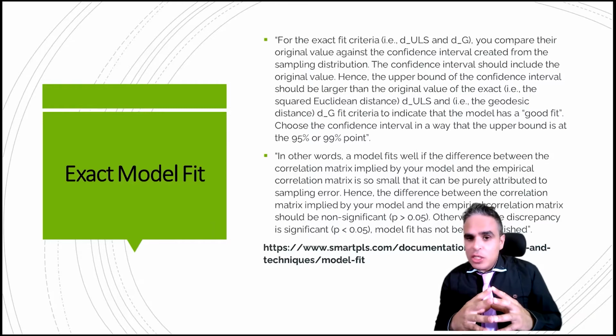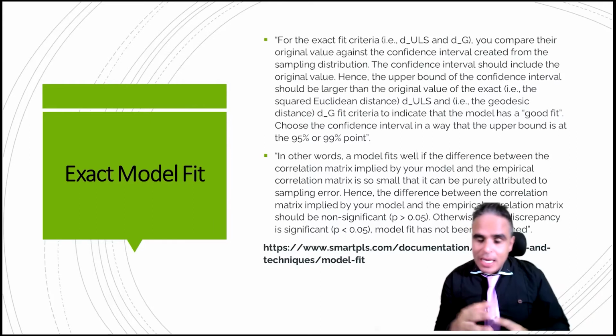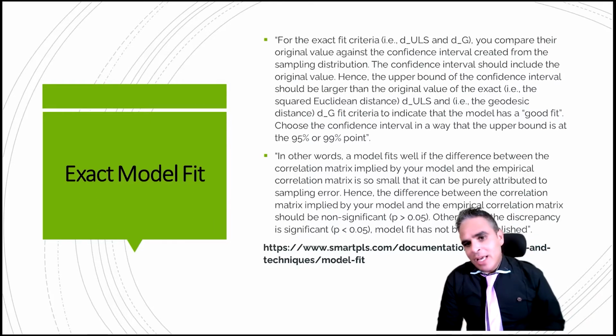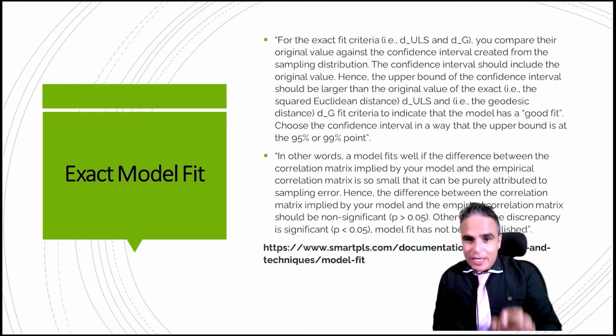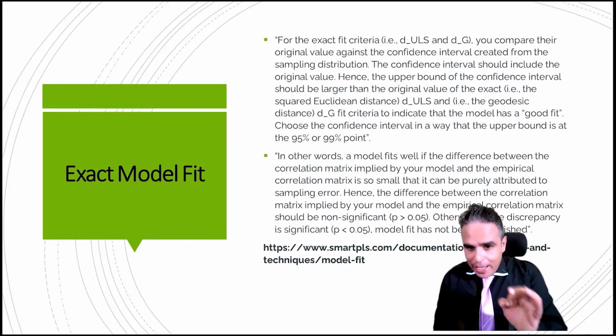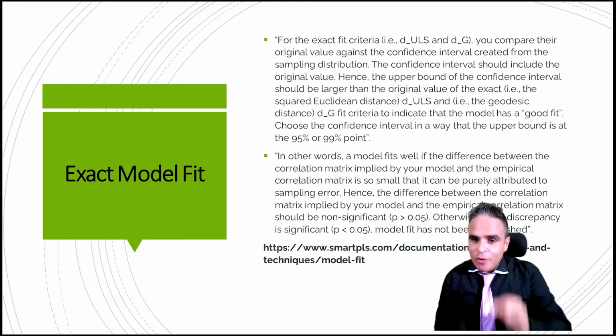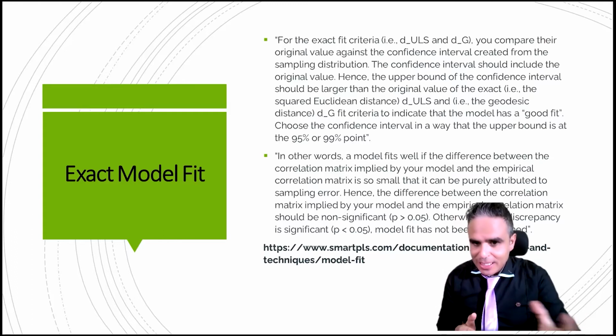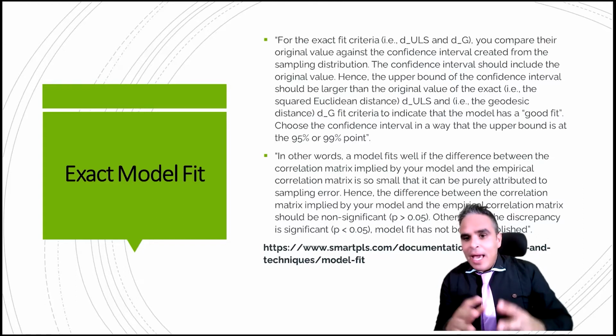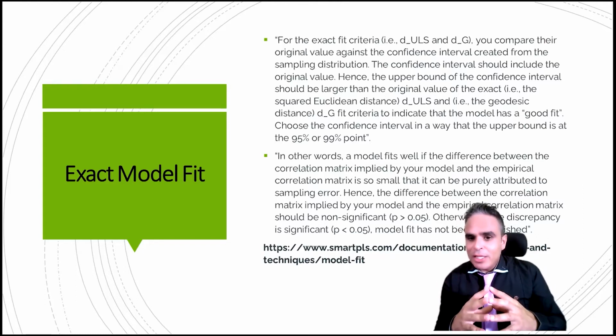We have to choose the confidence interval in a way that the upper bound is at 95% minimum or 99%. Here, a model would fit the sampled data well if the difference between the correlation matrix implied by your model and the empirical correlation matrix is small.